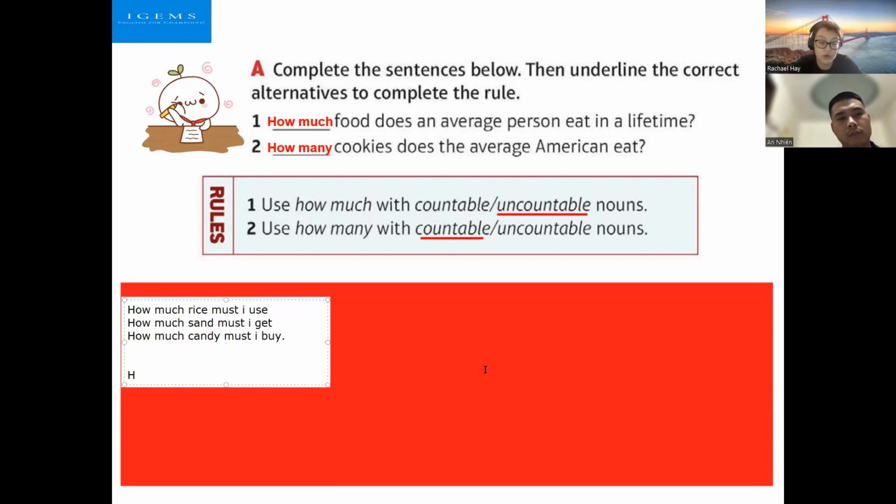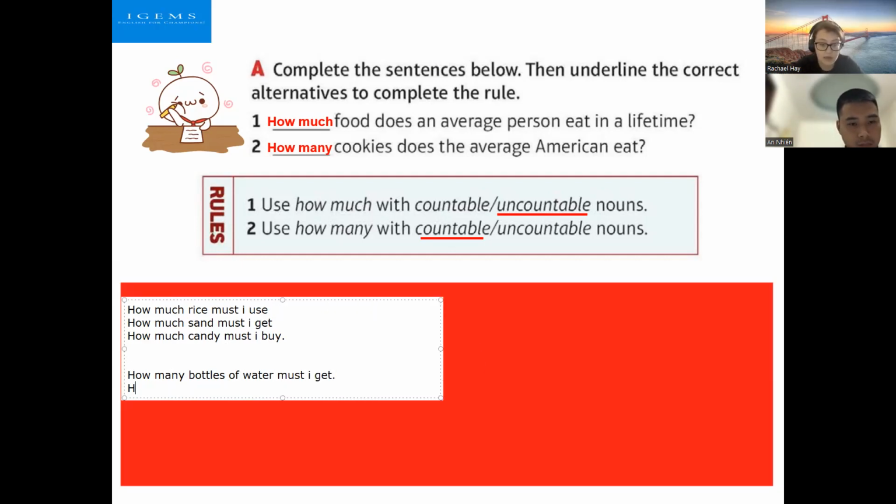But then we will use how many bottles of water must I get? How many lollipops did he eat?